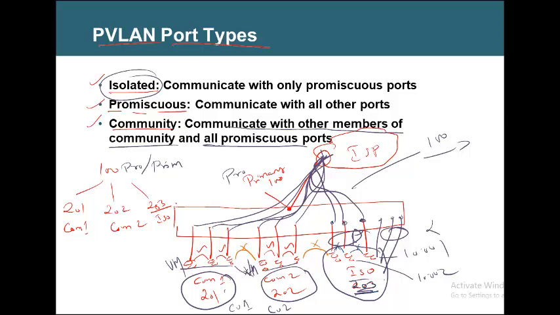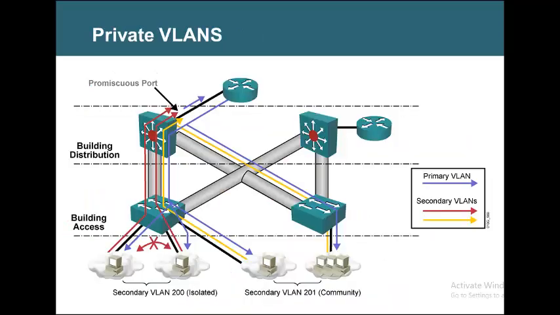The blue line, if you see in this picture, they're all primary VLAN. Primary VLAN, promiscuous. Promiscuous can talk to everyone. It can talk to the isolate member, and can also talk to community. And the red one is isolate VLAN.